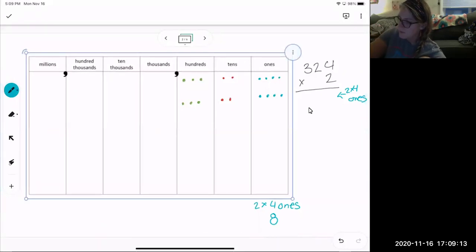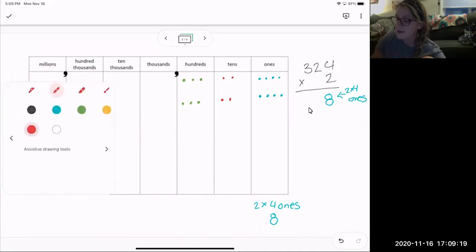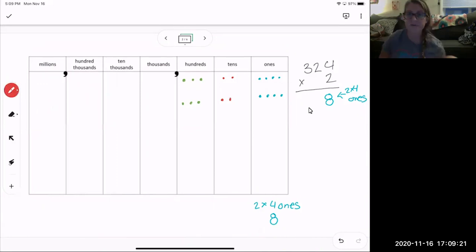So 2 times 4 ones is going to be 8. Okay. The next one, we're going to look at our tens. So we have 2 10s times 2, or 2 times 2 10s, which we know 2 times 2 is 4. So 2 times 2 10s is going to be 4 10s, which is equal to 40.